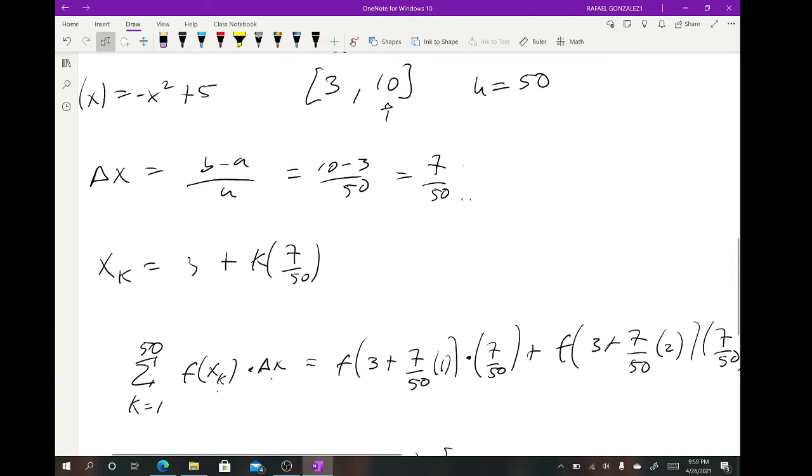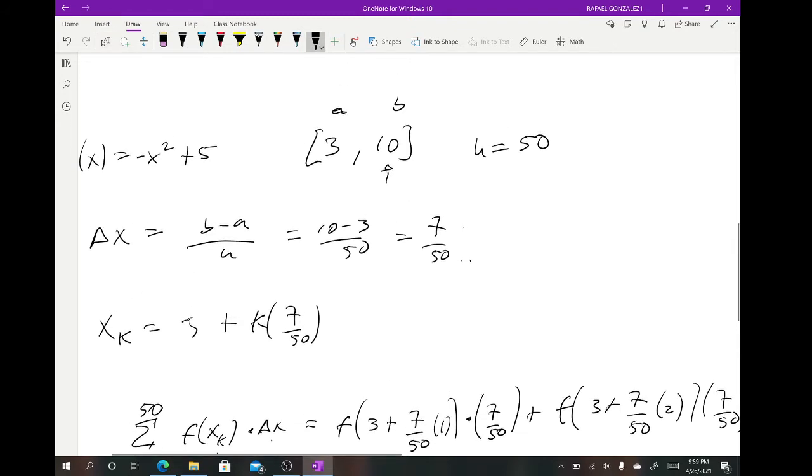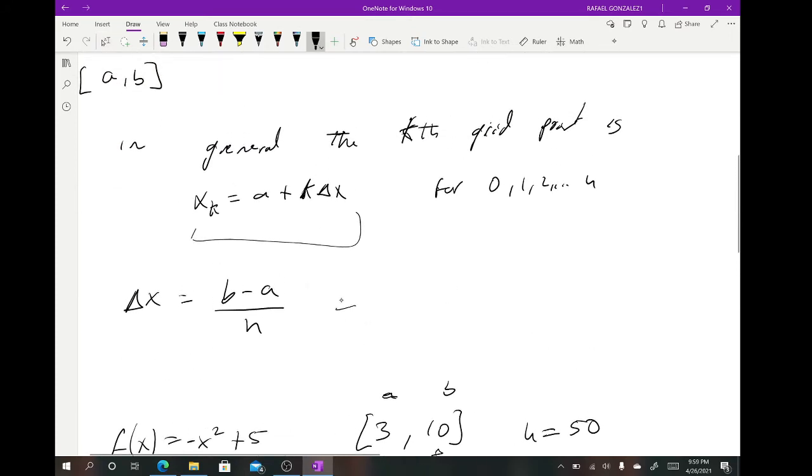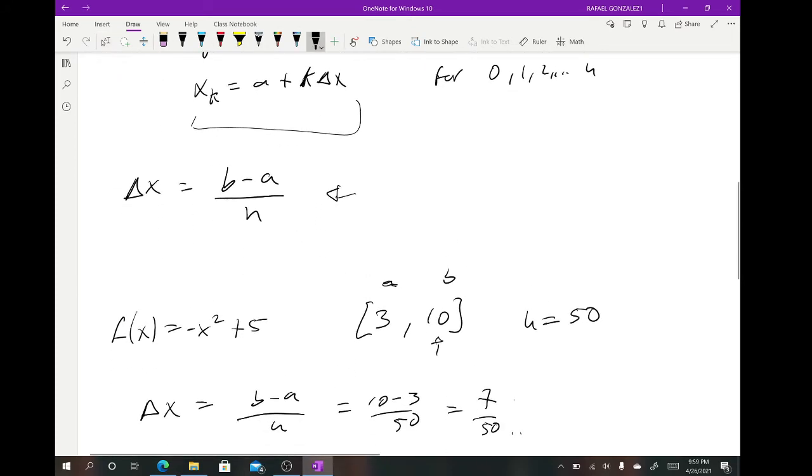So this is basically how you solve a Riemann sum, whether it's a left Riemann sum or a right Riemann sum. In fact, I'm going to give you that definition in a second, but this is how you do it. You first begin by finding out the width of the rectangles.